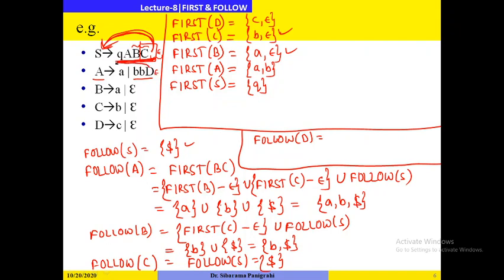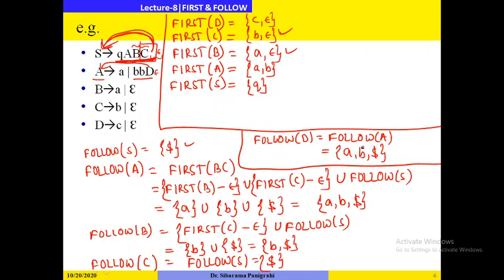Union follow of A. So here you have to do follow of A. So follow of D is nothing but follow of A. So follow of A means what you will get? A, B, dollar. So I hope all of you have understood how to compute first and follow in this example.